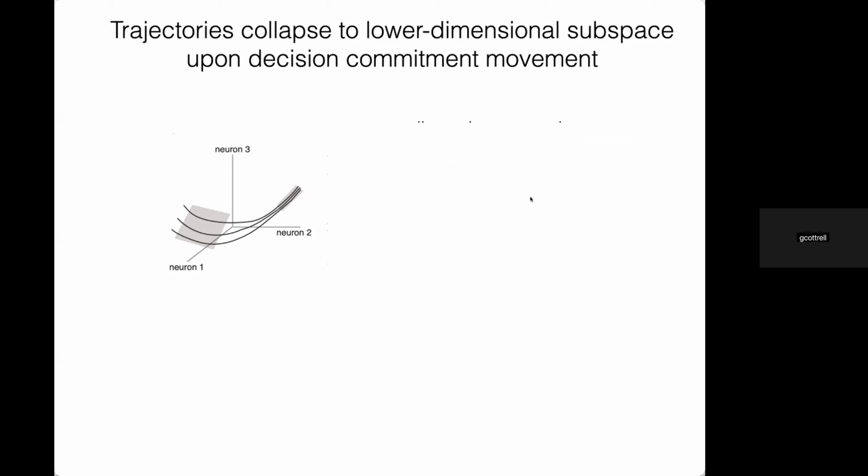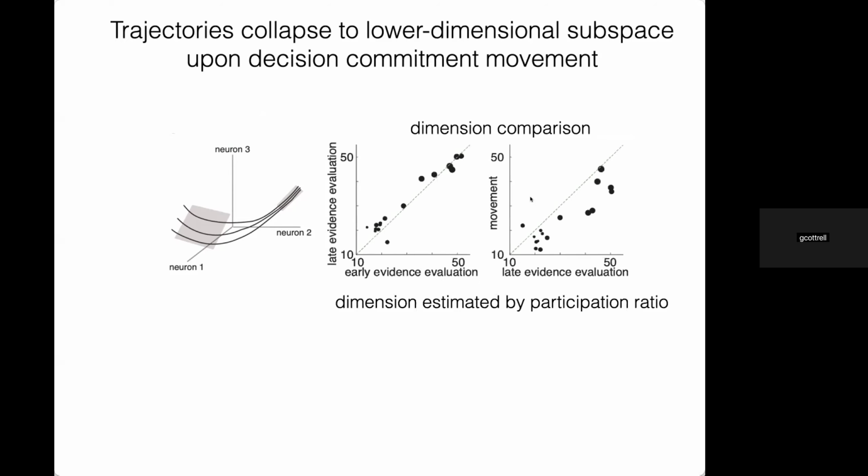But since they're smooth, we can look at little pieces that fit a linear model to each. And so over here, we're measuring the dimensionality of these trajectories over time using this locally linear approach. And we find that the dimensionality remains pretty stable over the evidence evaluation period, that's the left plot, and then moves into a lower dimensional subspace when the animal makes the decision for the movement.